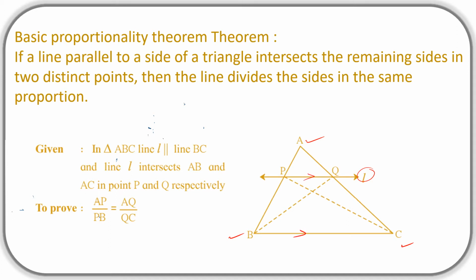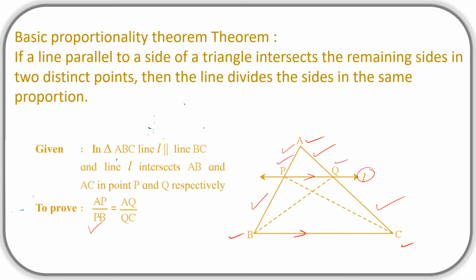In such a situation, we proved that this particular line, which is parallel to one of the sides of the triangle, intersects at two points P and Q. So naturally PQ and BC are parallel. In such a situation, AP upon PB will be equal to AQ upon QC. This is the theorem. This theorem has been proved.